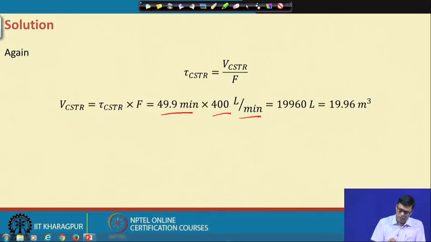Sometimes, let me tell you, when this unit is given, you should be very careful about the unit of the flow rate. Sometimes it is per day or per hour, and your tau CSTR is in minutes, so you have to convert it into per minute, and then you multiply, and you will get the volume of the reactor.